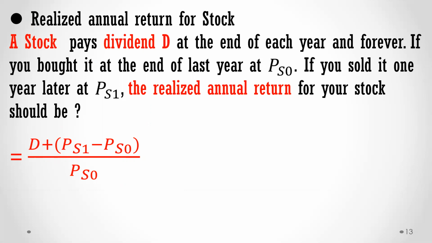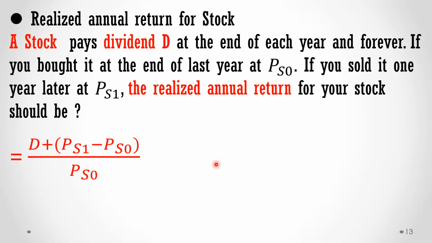So basically, there are two sources of gain for investment in stock. One is dividend, one is capital gain. Capital gain measures the difference between your purchasing price and selling price. The numerator is your total gain over this 1 year period, and the denominator is your initial investment, okay?